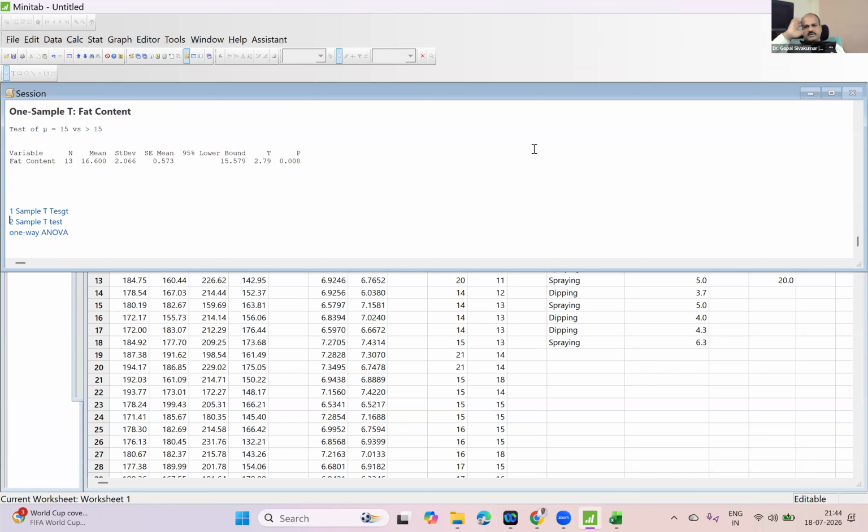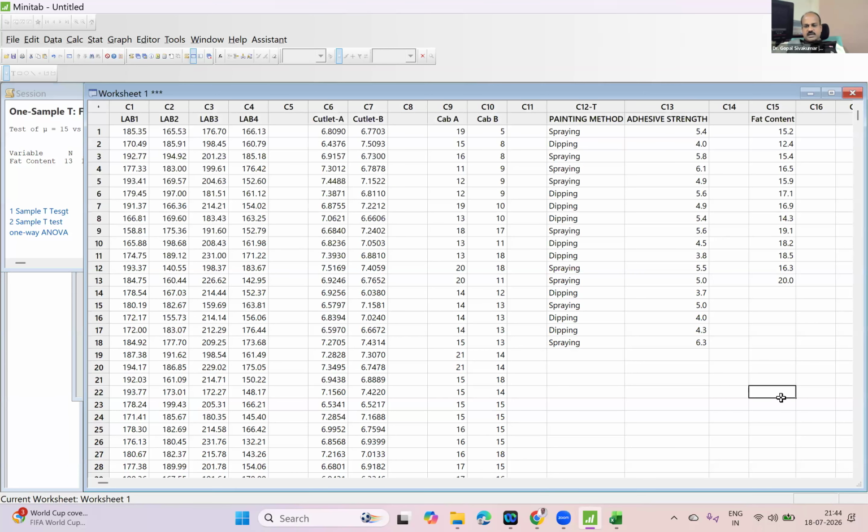All of them come under test of averages, which means continuous data. Now let's utilize the rest of the time for discussing some real scenarios.